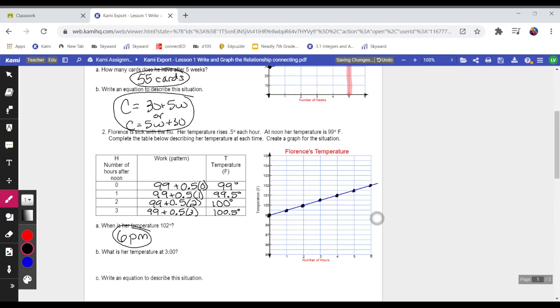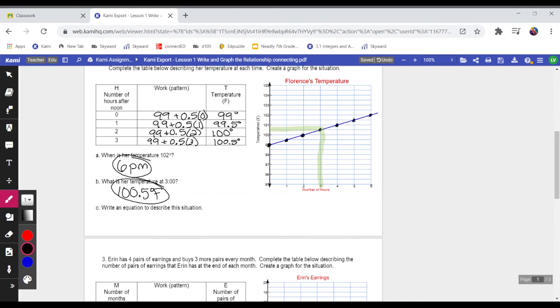Letter B is asking, what is her temperature at 3 o'clock? So at 3 o'clock, that's 3 hours after noon, her temperature is going to be 100.5 degrees Fahrenheit.